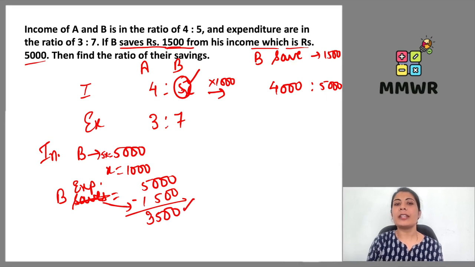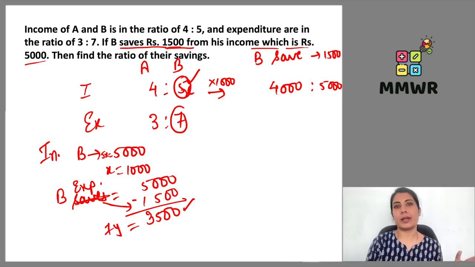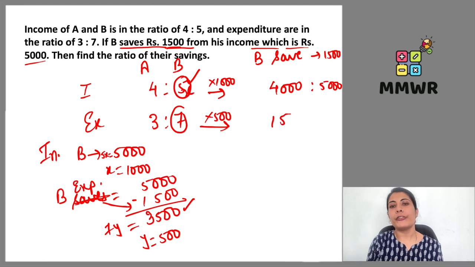And this 3500 should be equal to 7y, because according to the ratio, the value for expenditure is 7y. But in terms of this, we are getting 3500. So the value for y will be 500, which I can multiply here to get the value for the expenditure of A and B. So 1500 and 3500 is going to be the expenditure for A and B.